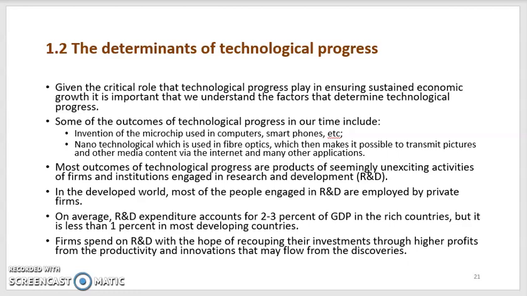So this would mean that firms spend a substantial amount of their investment on research and development. South Africa, on the other hand, as shown by the National Survey of Research and Experimental Development, spent about 0.87% of GDP on research and development for the period of 2009 to 2010.